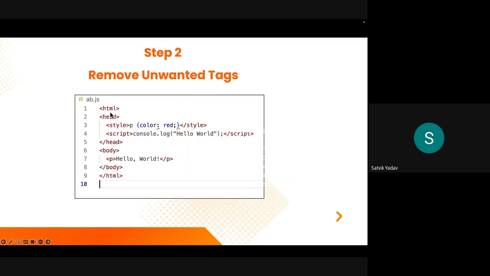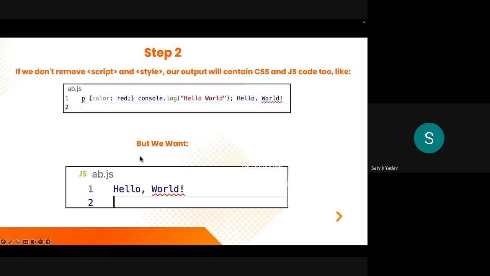Think like this. Let's say I remove tags. I remove HTML, I remove head, I remove body. I'll be left with style, script, and this hello world. I don't want this as well. I only want hello world.